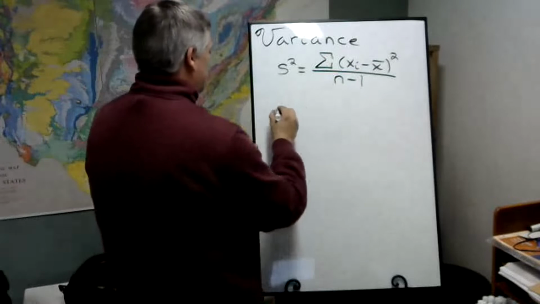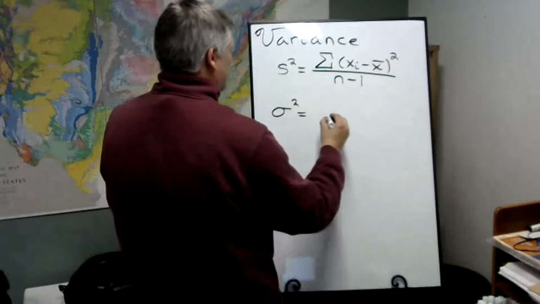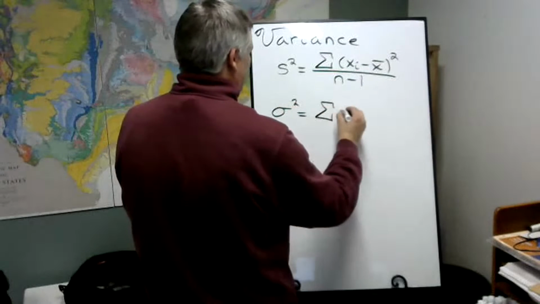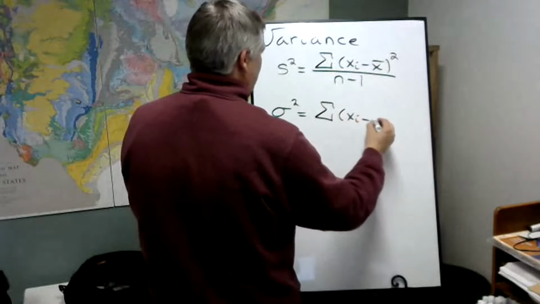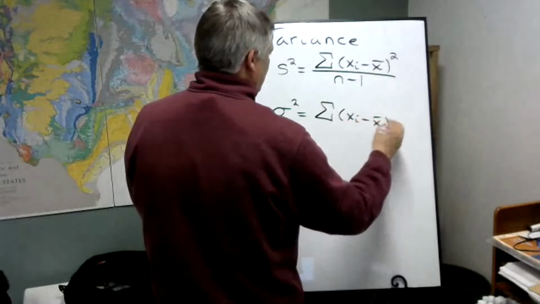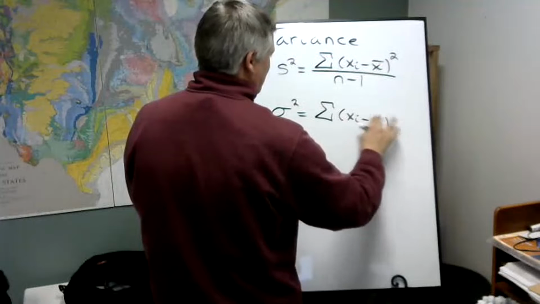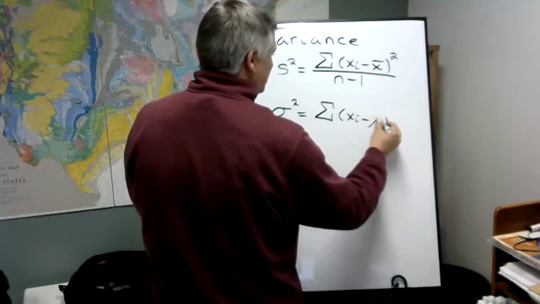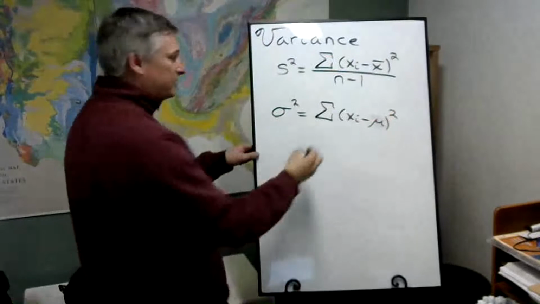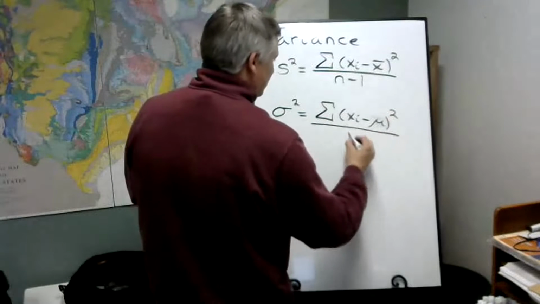And the population version uses mu over n.